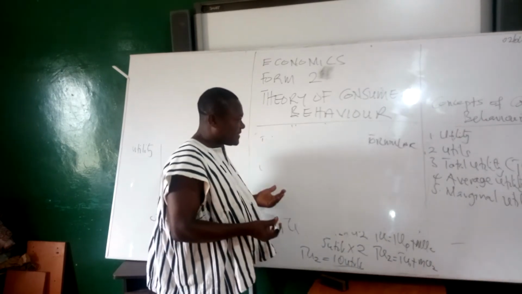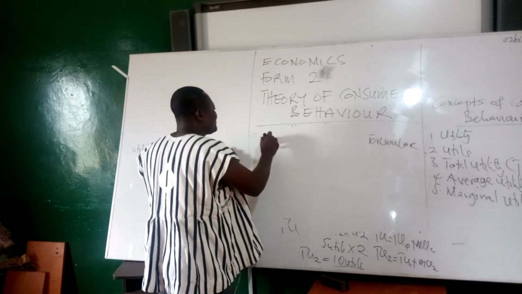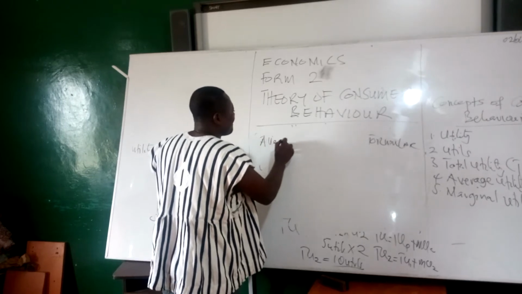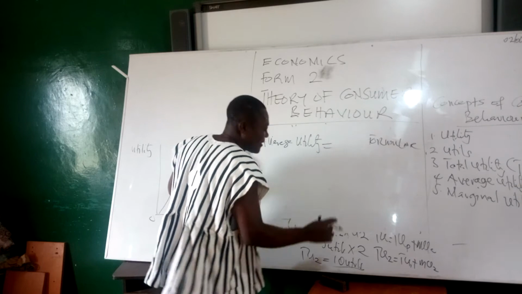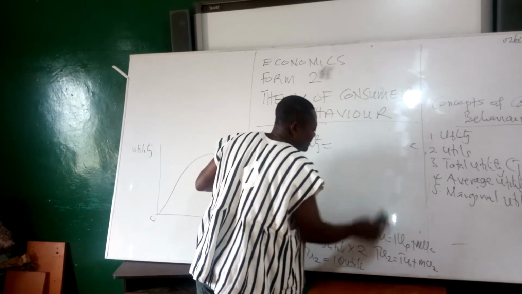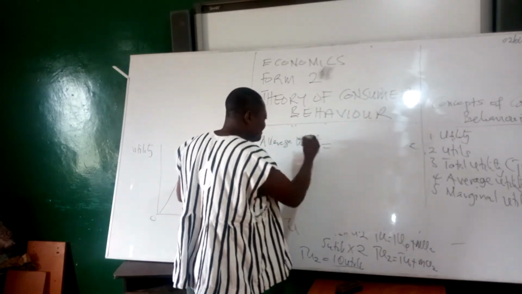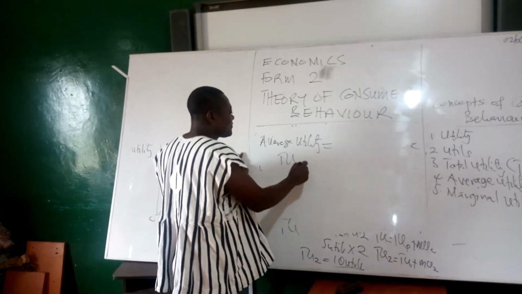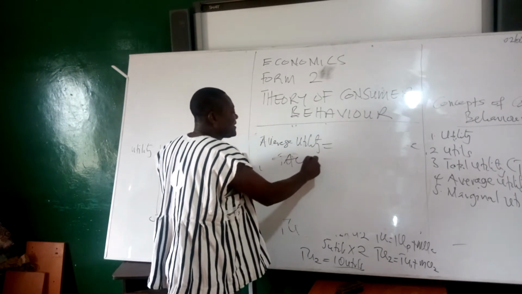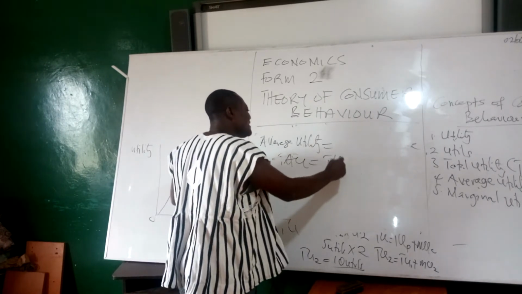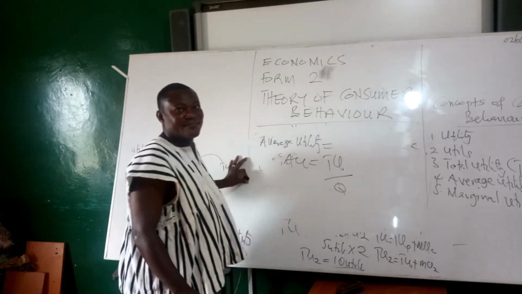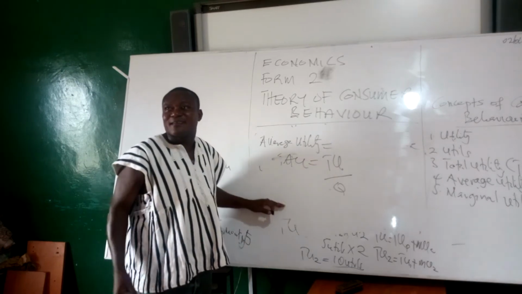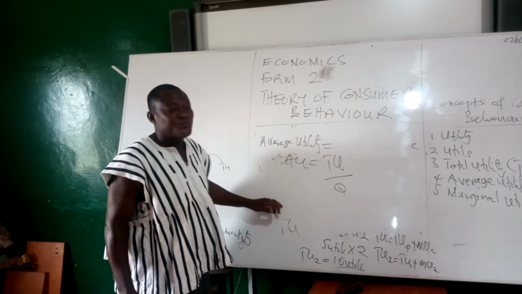How is it calculated? I'm talking of the formula. AU is equal to TU divided by the quantity, and this will give you the average utility.